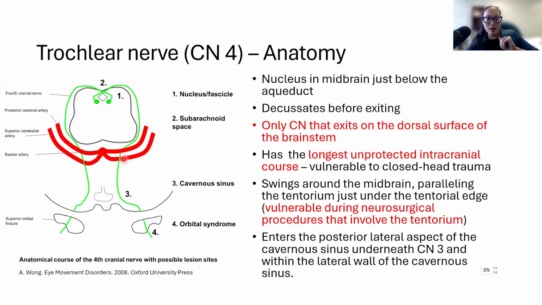The other thing about it is that it is the longest and thinnest, and it's got the longest unprotected intracranial course, which makes it vulnerable to closed head trauma. So as it exits here, it's in free subarachnoid space and is not protected by any other surrounding structures, which is why you most commonly get a cranial nerve 4 palsy with closed head trauma.